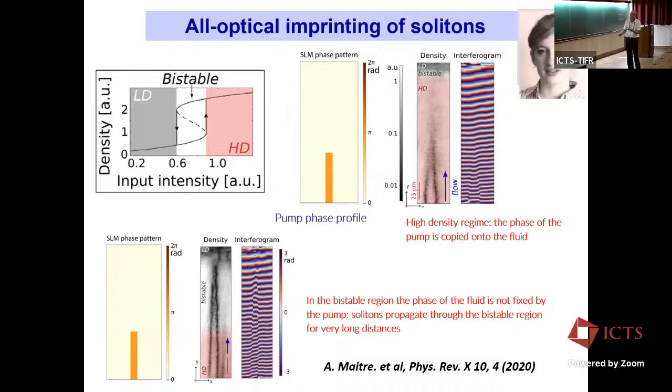But we can also use the property of the bistable region in which the phase is free to evolve. In this case, the solitons that are generated in this region of high density then propagate through the bistable region for very long distances. This is an interesting technique because it allows us to imprint solitons directly so they can be studied.